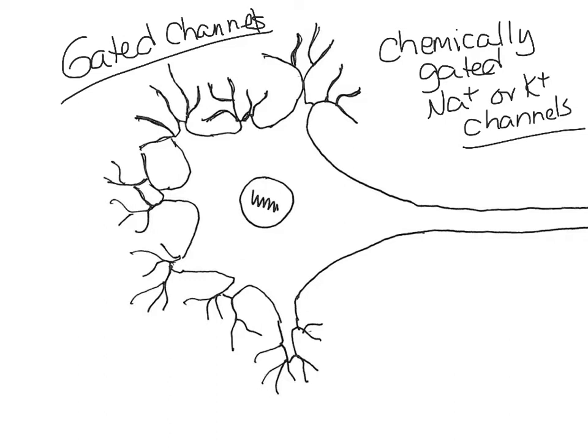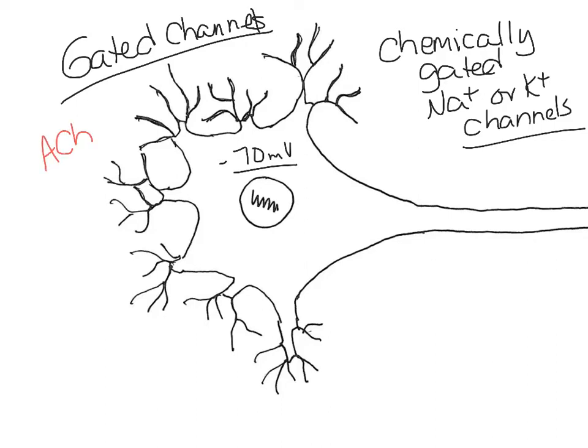So looking at this cell, we're saying, okay, the cell is at negative 70 millivolts. We know why it's at negative 70 millivolts. We're moving past that. Now we're saying there's a stimulus. And so we'll talk about a chemical that we've already talked about, which is called ACh, acetylcholine.